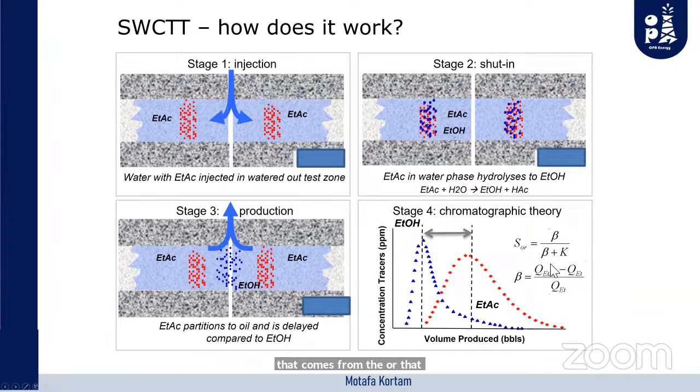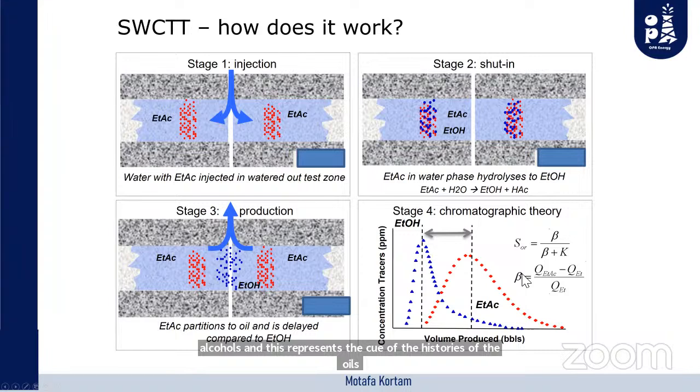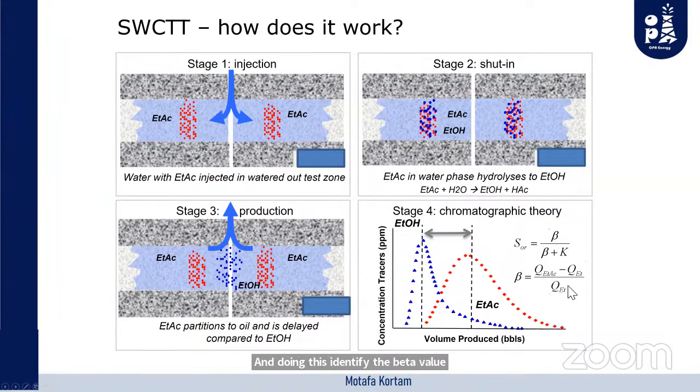Then with this equation, you have to choose the peak and identify this peak. This represents the Q of alcohols, and this represents the Q of the esters of the oil. Doing this, you identify the beta value. The beta value is a very simple substitution, a kind of proportional ratio. You substitute it here, and K is given for a particular tracer type.